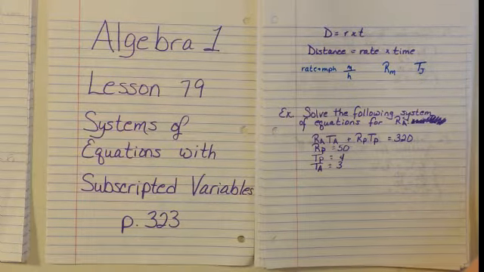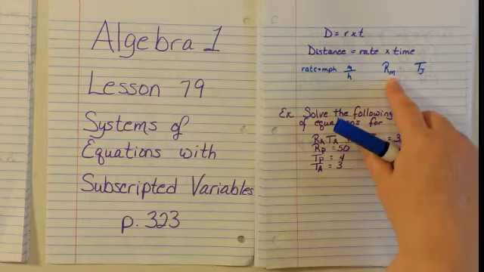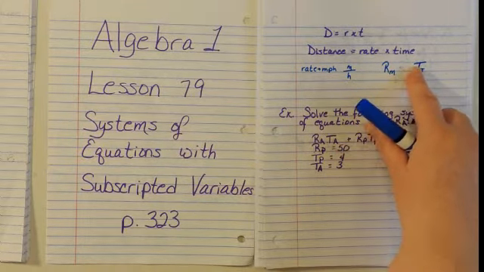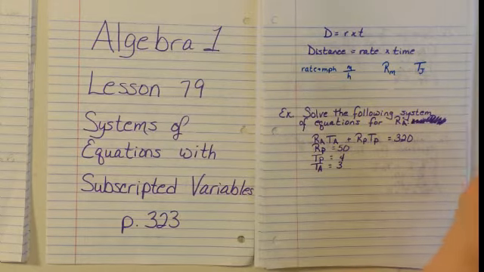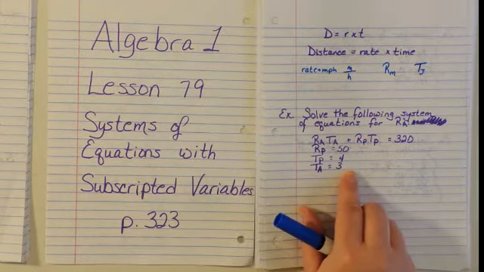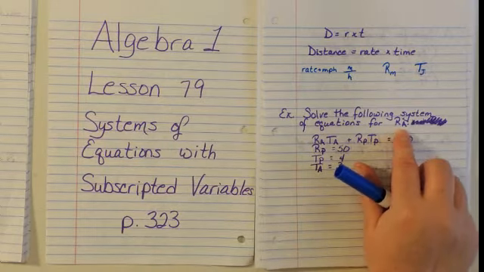Okay? So when we see R sub M or T sub J, this is rate of Mike and time of Joni, or whoever.